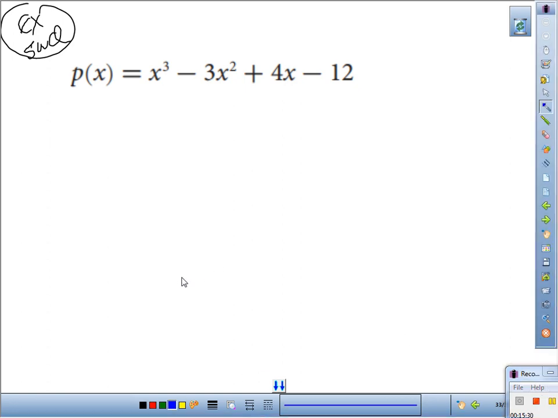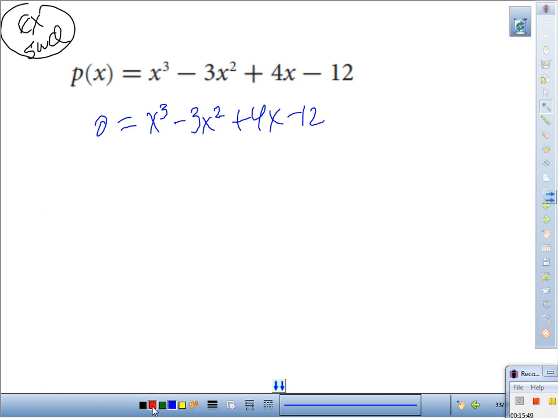Let's see. Get us started, please, Leo. Set it equal to 0. X cubed minus 3x squared plus 4x minus 12. Ramon, next step. Okay, did you check for GCF?